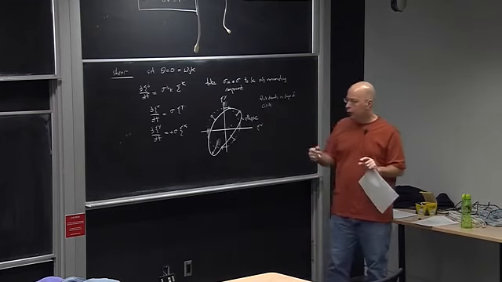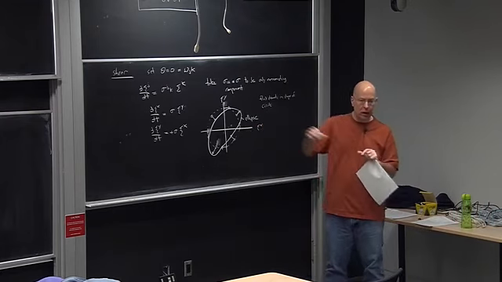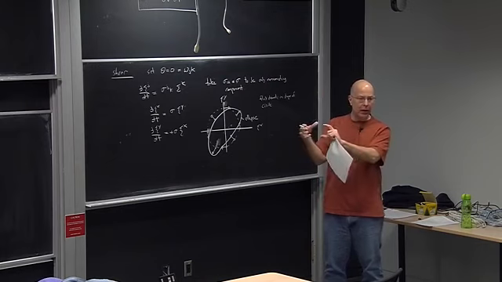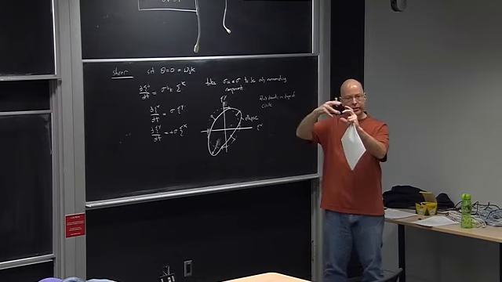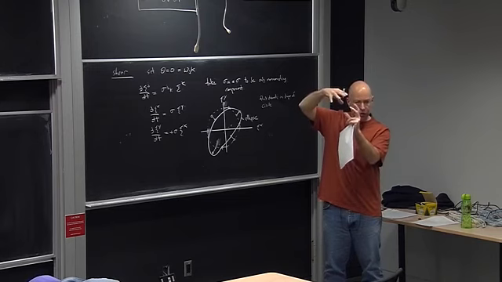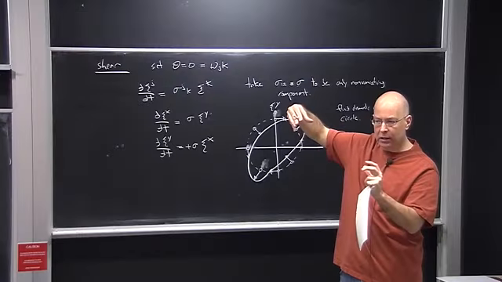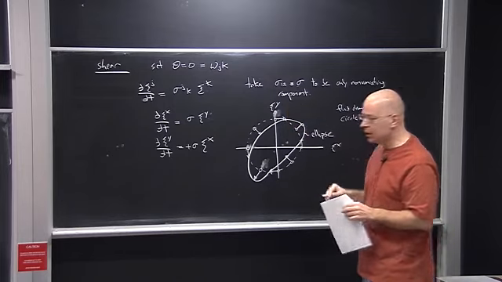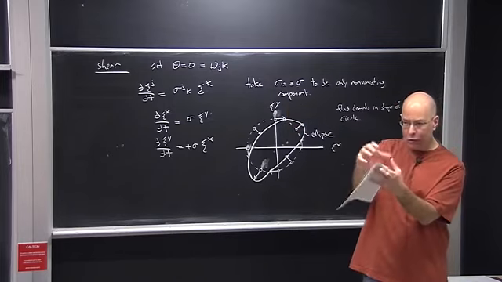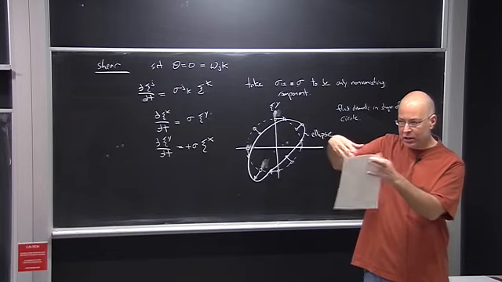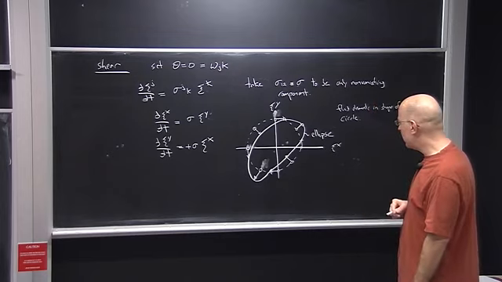But if you played this game with all the other parameters in turn, you would get ellipses in various orientations. And if you put it all together, you would find that you get some ellipse in some direction, but you will always distort a sphere into something that's elongated, like an ellipse that's squeezed in one direction and elongated in the other direction. That's the effect of the shear tensor. It just deforms the neighboring fluid configuration into something which is squeezed and elongated with respect to the initial shape.